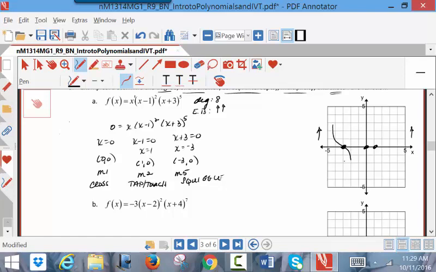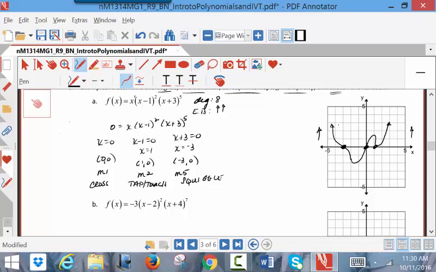At the origin, I'm going to cross it. And then at 1, I just touch it and bounce off and go back up. So my end behavior is up, up. That's cool. It's pretty cool, actually. That's really pretty neat.